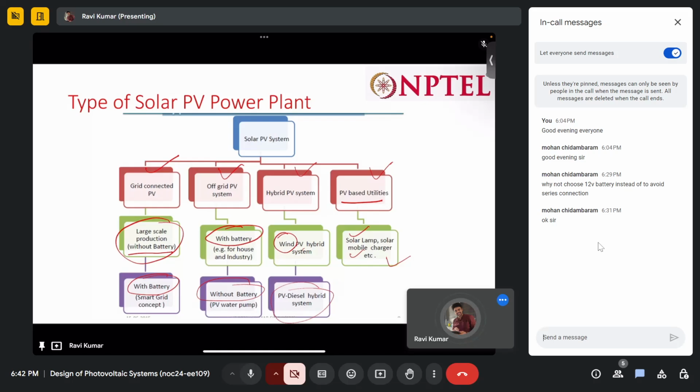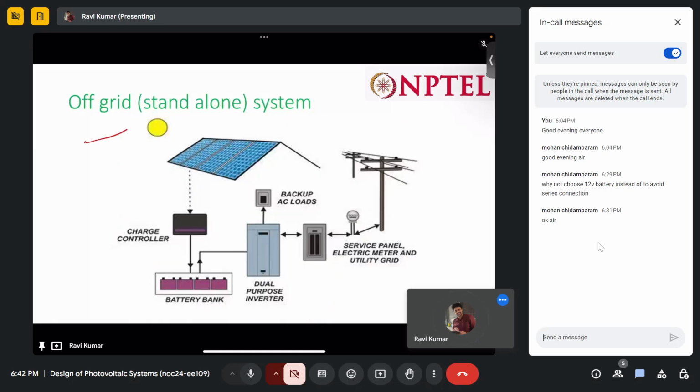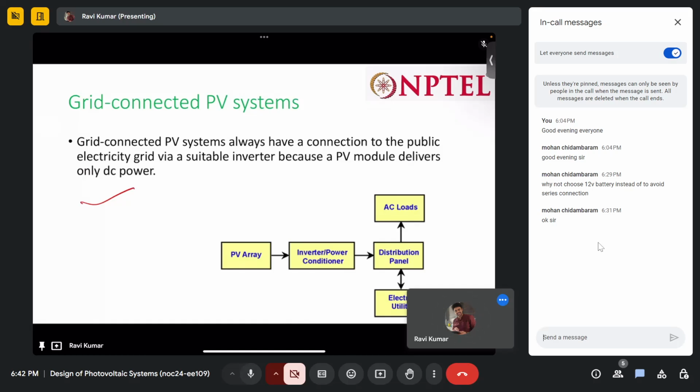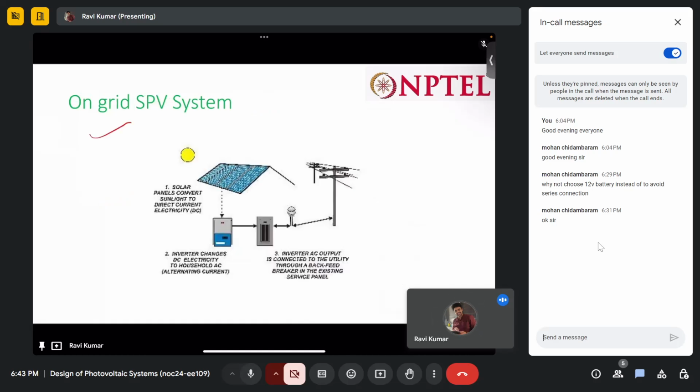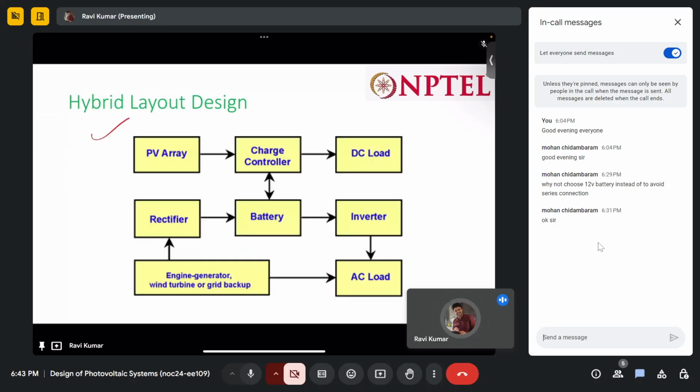So these are the PV based utility power systems. And these are the examples of off grid, then grid connected. These are only to show you an on grid. And this is the hybrid layout. In the hybrid layout, we have one source, another source, and in between we have a battery. So these are the sources, this is the storage, and these are the load. So this is a layout of a hybrid design.